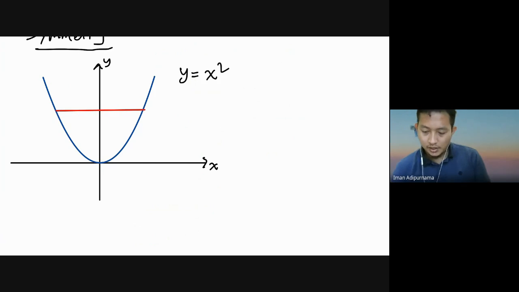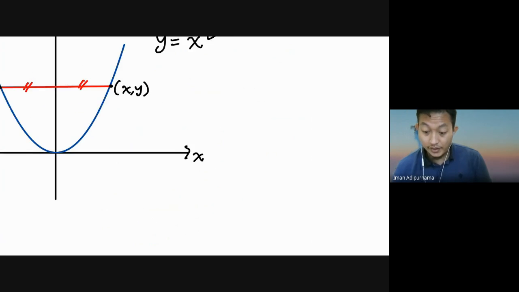We'll see that this is practically the same distance from there. If this is point x, y, this point is negative x, y. They are reflected across each other.